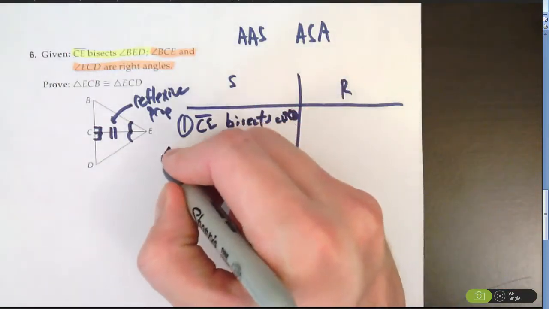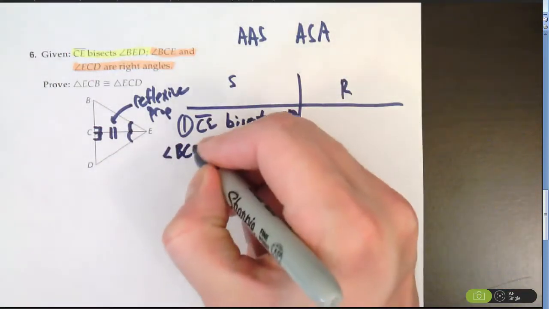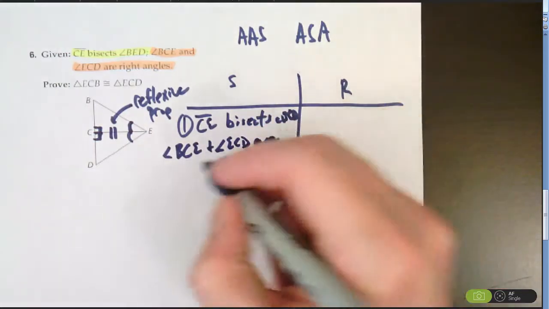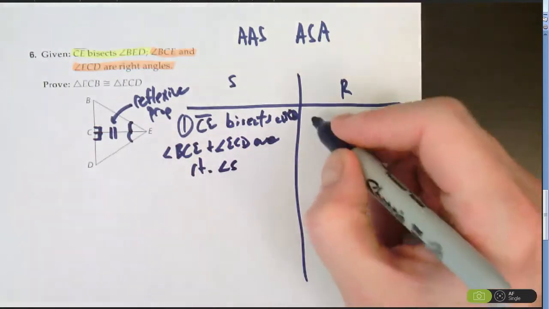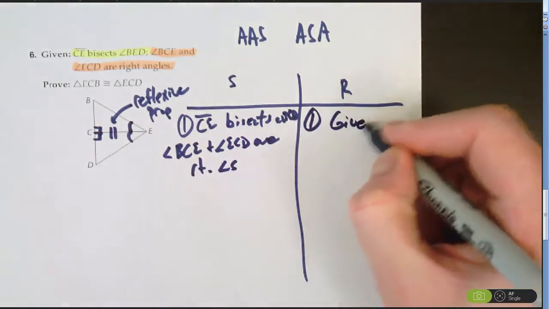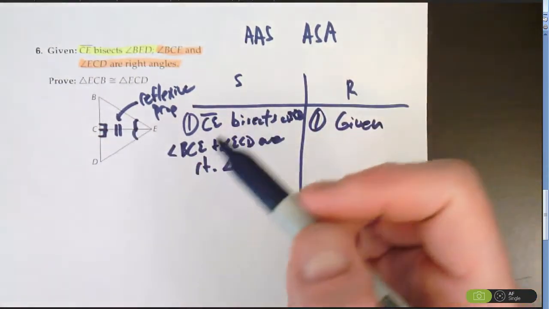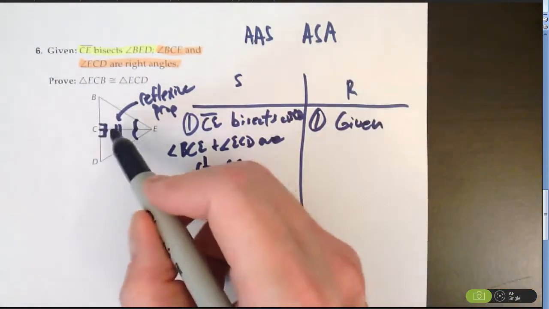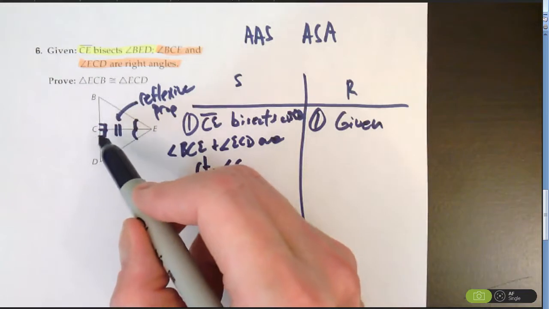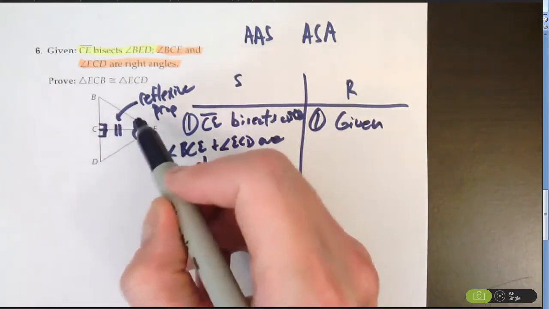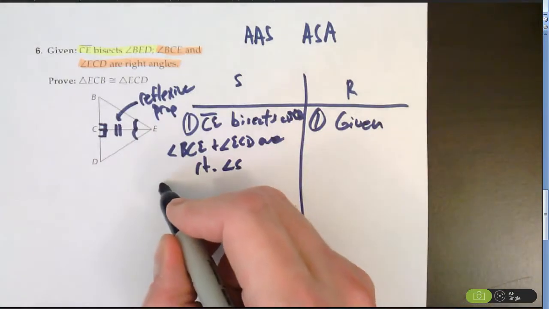And then angle BCE and angle ECD are right angles. So we have identified the given. Sorry, I should have mentioned this. We have two angles and a side, and that side's between the two angles, so it's an angle, side, angle proof.